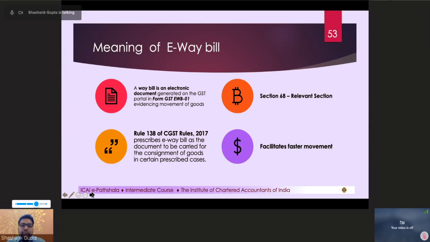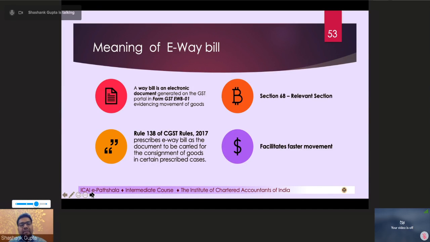Now, with the introduction of e-way bill, the important thing is that the exact details of movement of goods are captured, that is, on which date the movement of goods started, which was the vehicle which carried the goods, and by when the goods were delivered to the recipient.